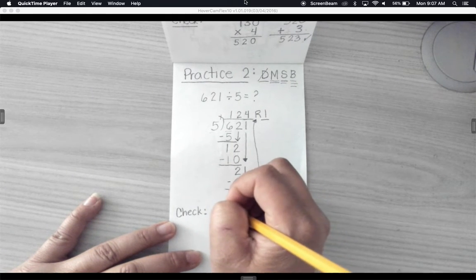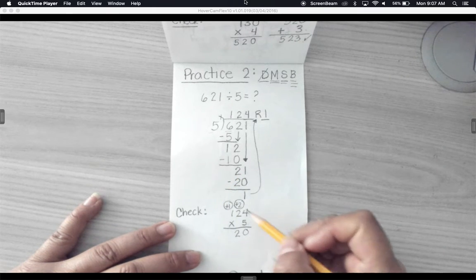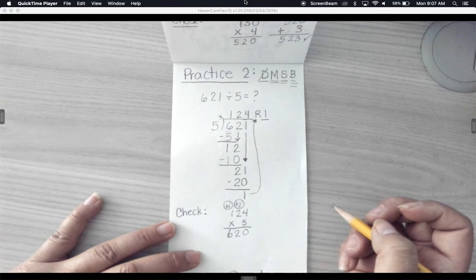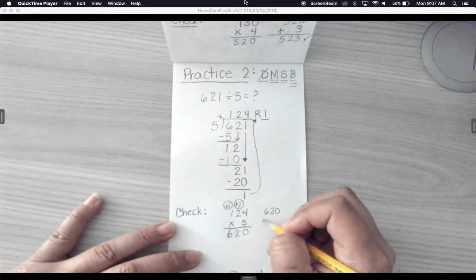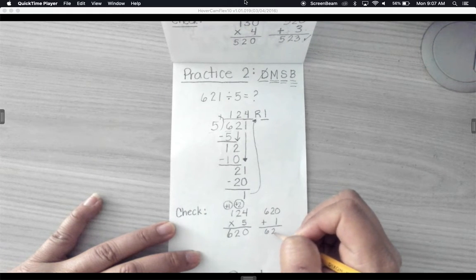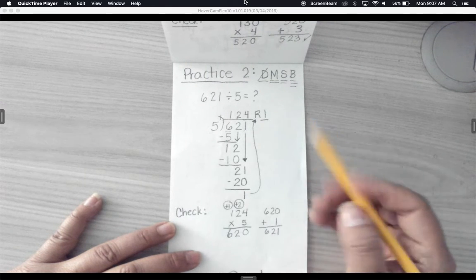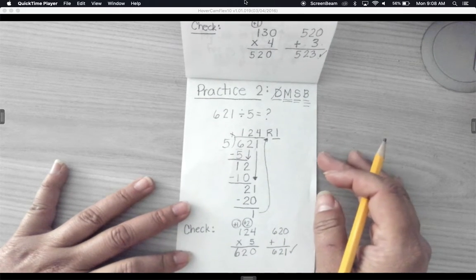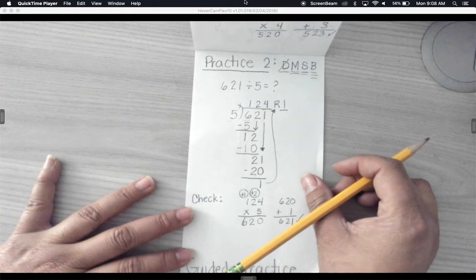Plus 1 over here, correct? 1 times 5 is? Plus 1 more is? 6. Am I finished? No, brother says I still need to add the remainder. 620 plus 1 is? Does that check with what you have here? Yes. So is brother always right? Yeah. I'm always right, from a brother. All right.